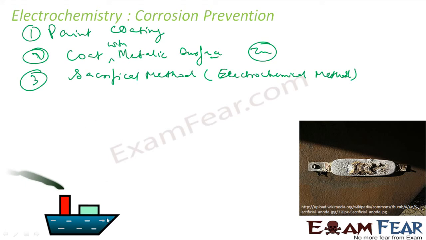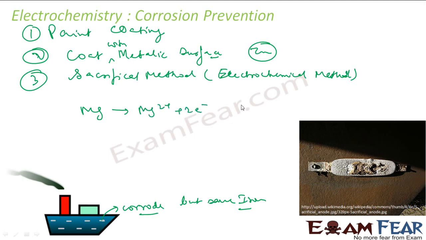but they will save the iron from corroding. Because they are more reactive metals, they will act as anode and be oxidized. For example, in this case magnesium will become Mg2+, releasing 2 electrons.